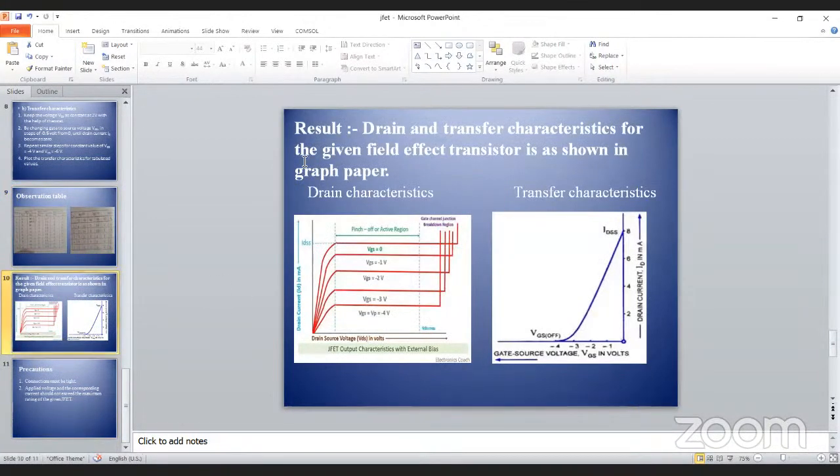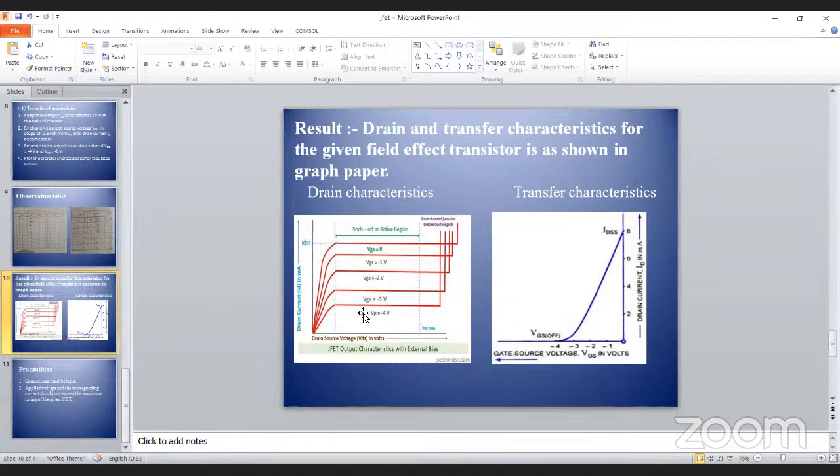Result: the drain and transfer characteristics for the given field effect transistor are shown. This is a graph of the drain characteristic. ID is taken on the y-axis and VDS is taken on the x-axis. Initially as VDS increases, the corresponding value of drain current increases linearly up to a certain point, after which ID remains constant.